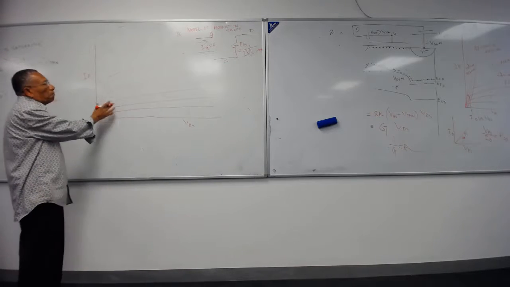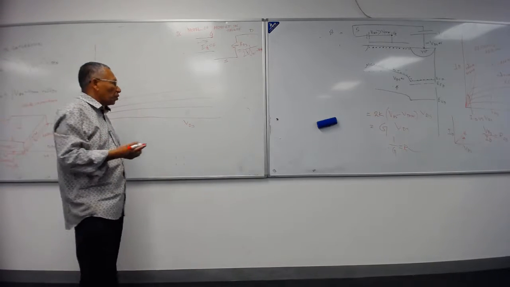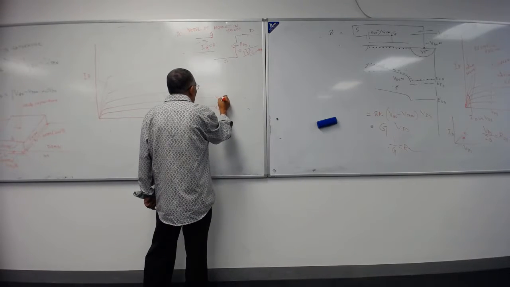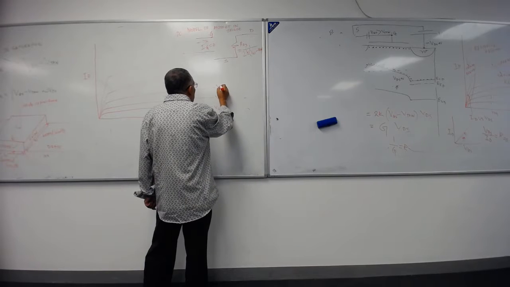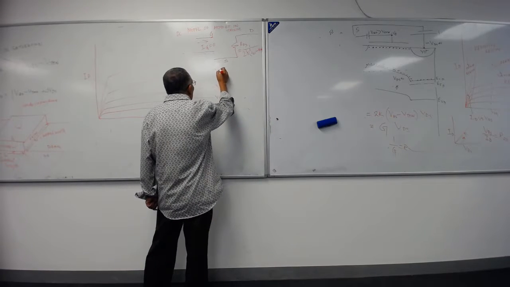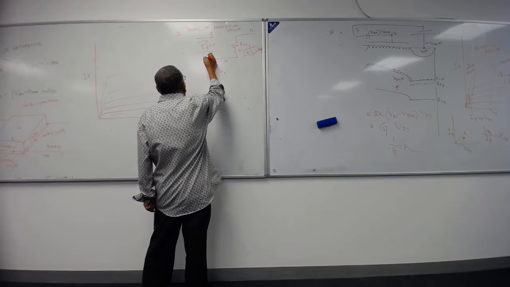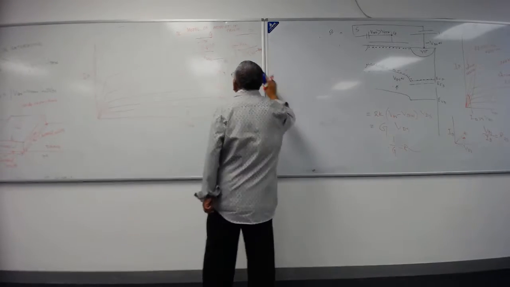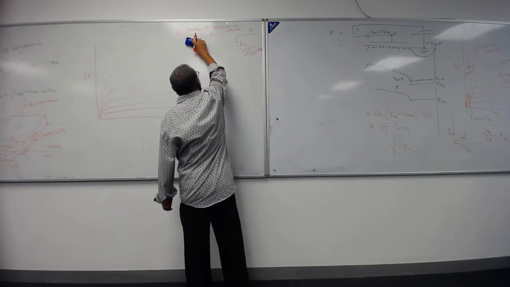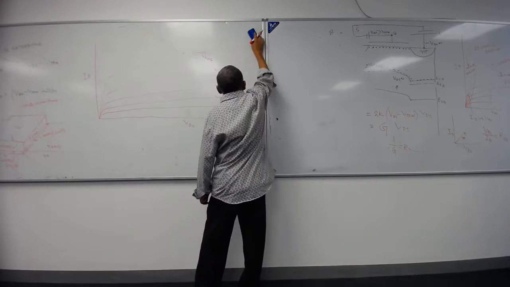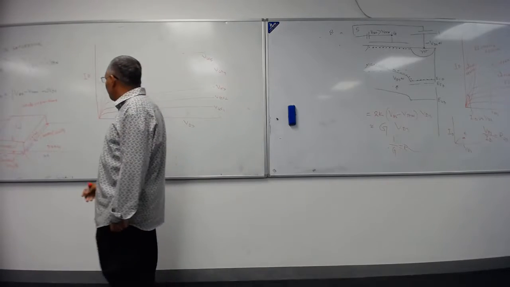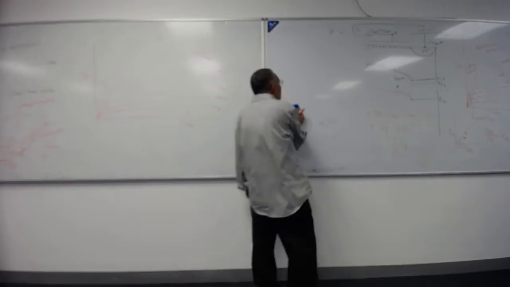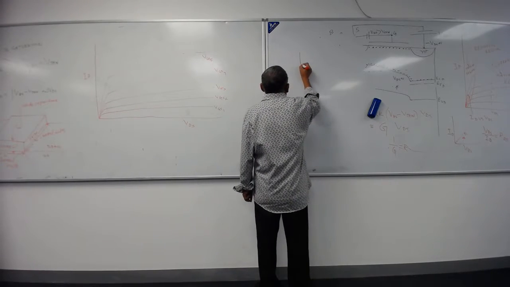So these are the characteristics of your device. So this is VGS1, VGS2, VGS3, VGS4, VGS5. And what we will also do, we will draw a circuit to operate it as a switch.